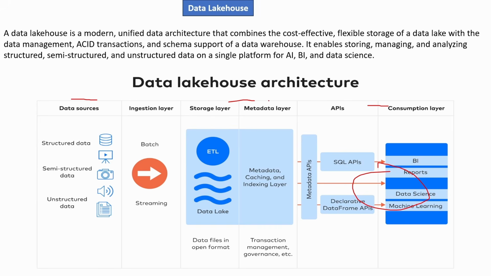If I go to the definition, it says a data lakehouse is a modern unified architecture that combines the cost-effective, flexible storage of a data lake with the data management, ACID transactions, and schema support of a data warehouse. It enables storing, managing, and analyzing structured, semi-structured, and unstructured data on a single platform for AI, BI, and data science.